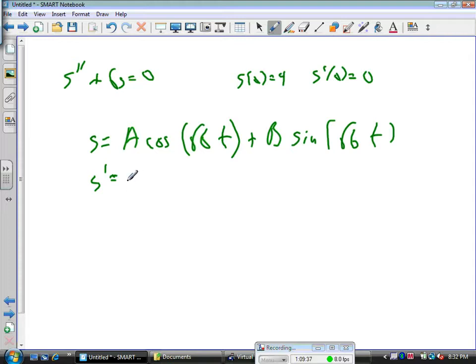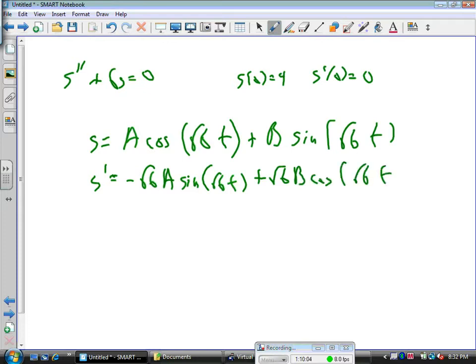Negative rad 6 times A times sine rad 6T, positive rad 6 times B times cosine rad 6 times T.